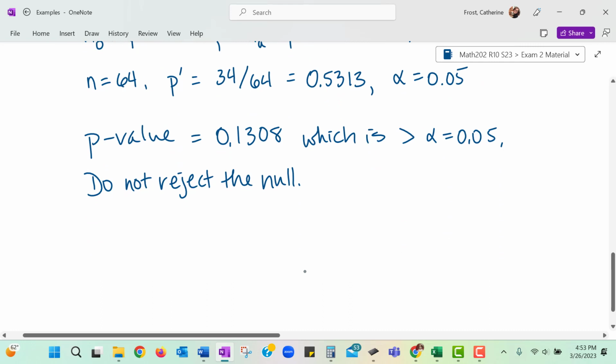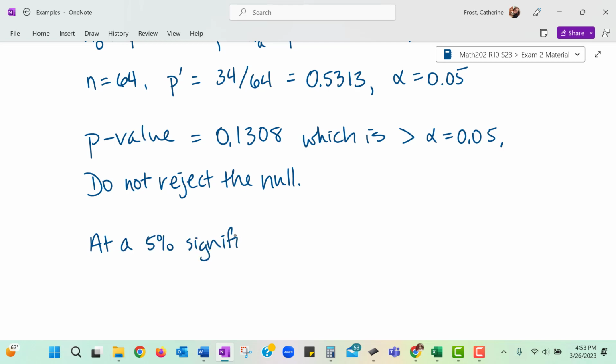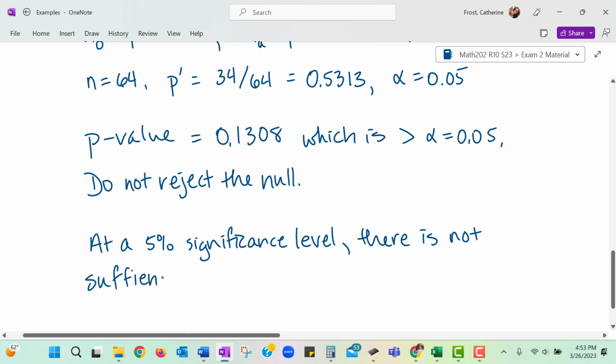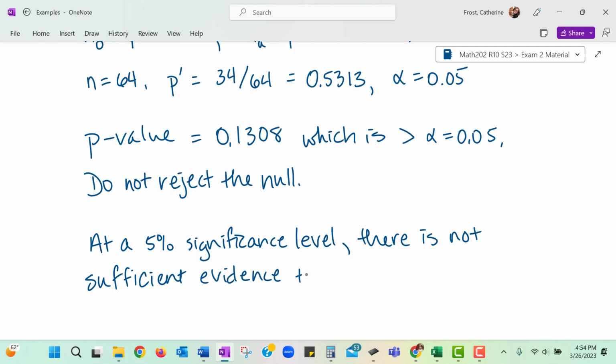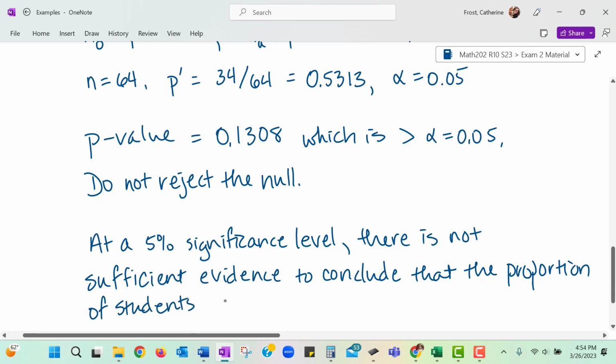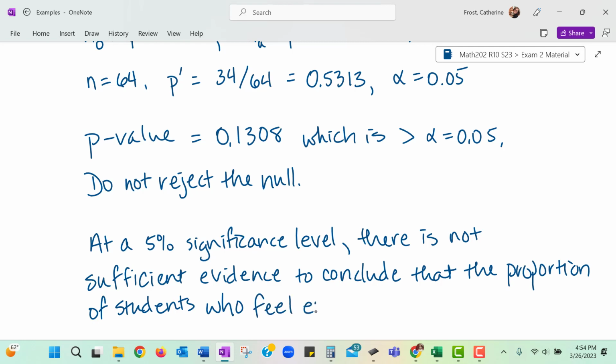And our conclusion could be something along the lines of, at a 5% significance level, there is not sufficient evidence to conclude that the proportion of students who feel enriched is less than 0.6, or less than 60%, since that's how it was given in the problem.